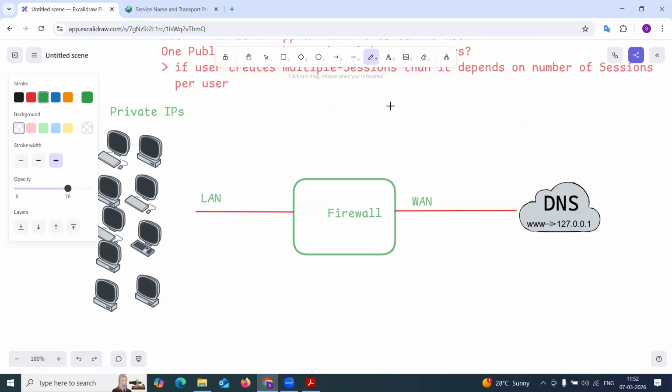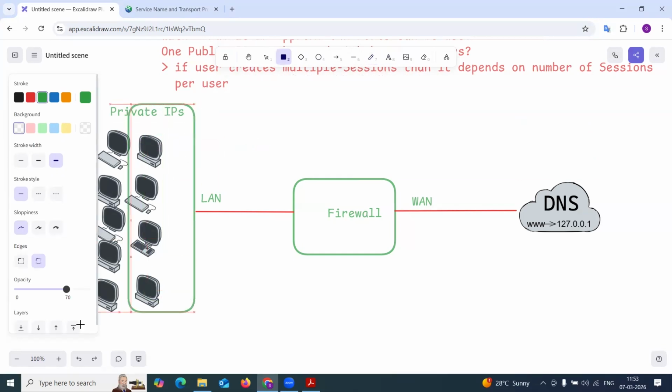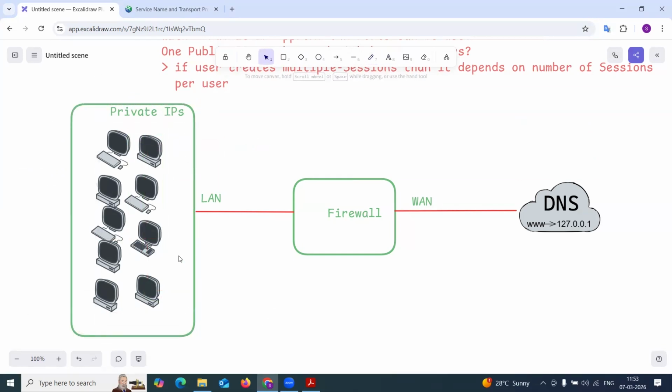देखो अगर LAN में कोई होस्ट है, अगर उसको WAN की तरफ जाना है तो उसको ट्रांसलेट होना है ना. So these all are my private IPs. LAN needs to go to WAN. So when LAN has to go to a WAN, it means LAN has to get translated to get internet access. So what is my LAN?